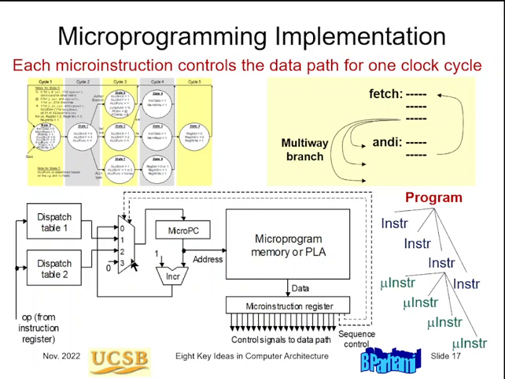And the options include incrementing the microprogram counter. So that's one option. If these two bits are 0, 0, then the microprogram counter is incremented. This is when we execute things in sequence, like going from here to here, or going from here to here. Or another option is to set the microprogram counter to 0.